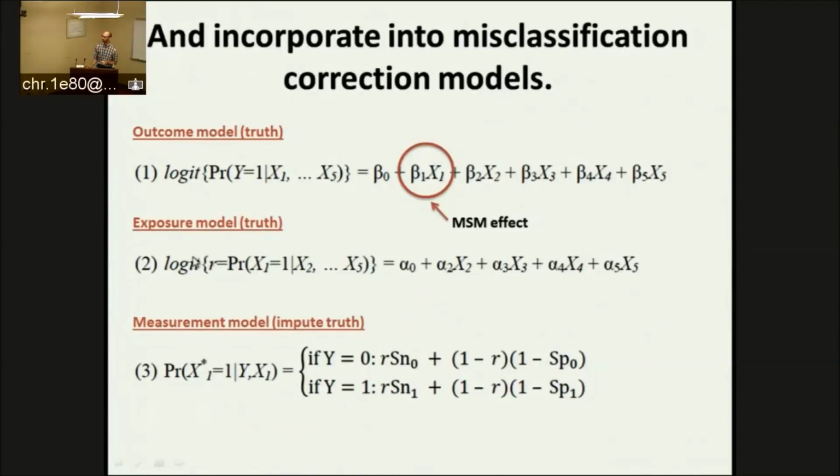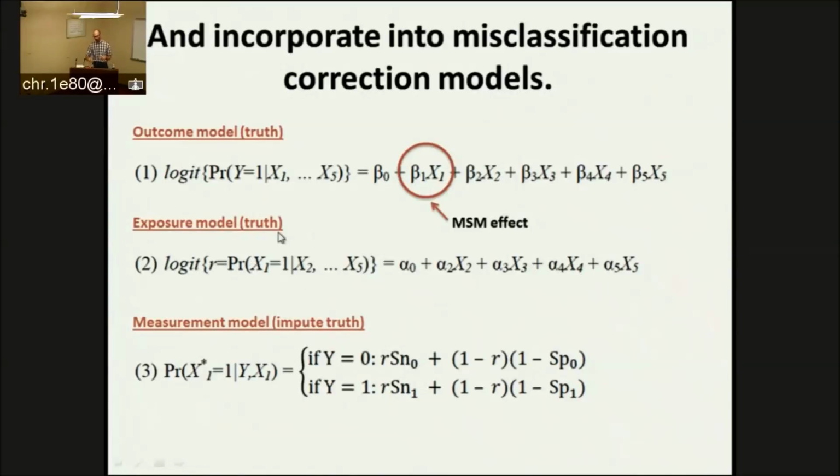We also have an exposure model, which just says what's the probability of reporting as MSM. Where we correct for this misclassified variable is through this equation here, where we apply the sensitivity and specificity that we know to this exposure model.